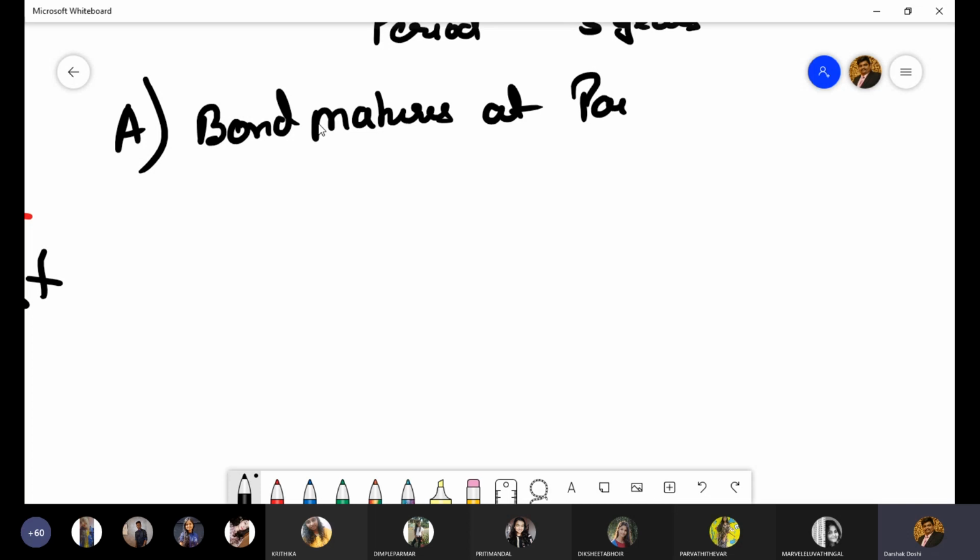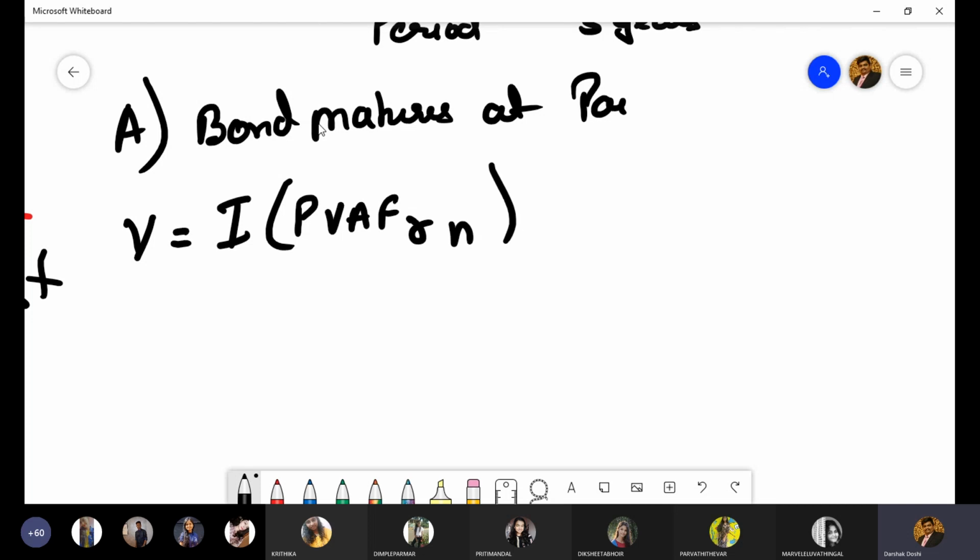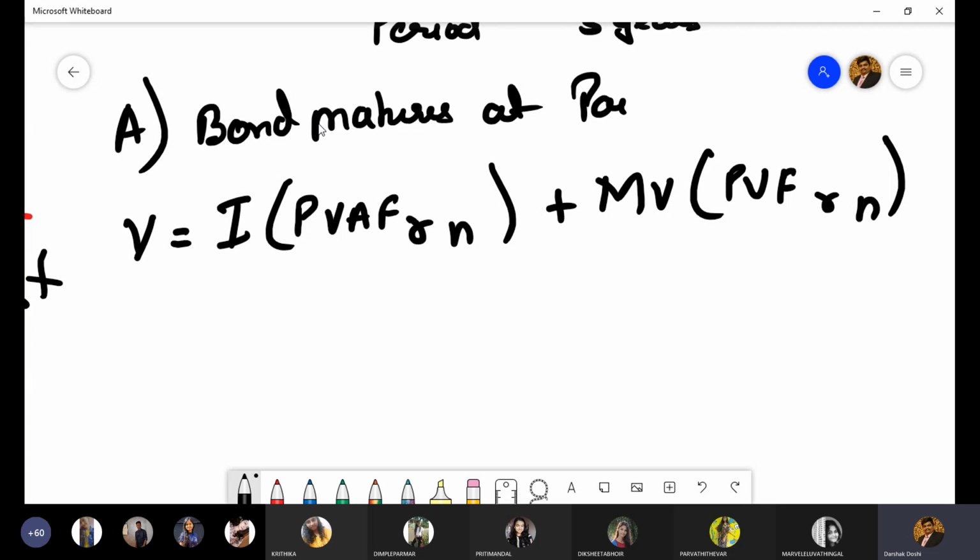We know the formula for redeemable bonds. Value of bond V is equal to I, annual rate of interest, into present value annuity factor for R, required rate of return, for N period, plus maturity value into present value factor for R, expected rate of return, and N period.